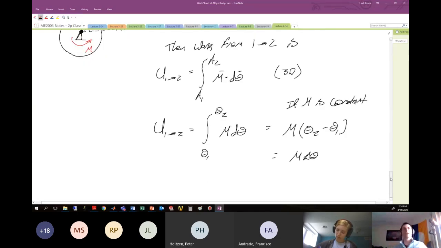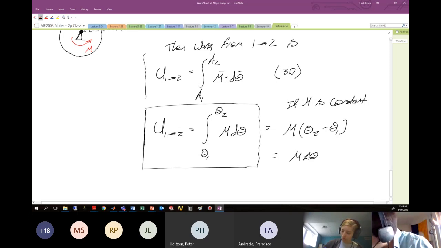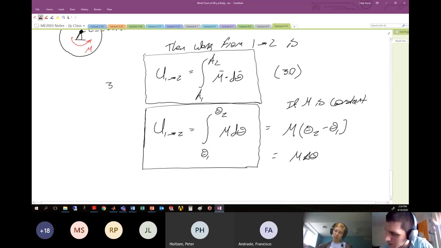All right, so that's the external work associated with moments that are applied to a rigid body. So this is your general definition that you want to have in your head for this class. This is the two-dimensional version, and up here, this is the more formal three-dimensional version.